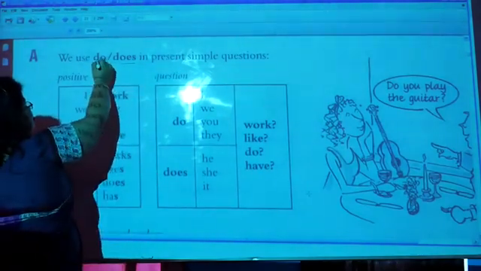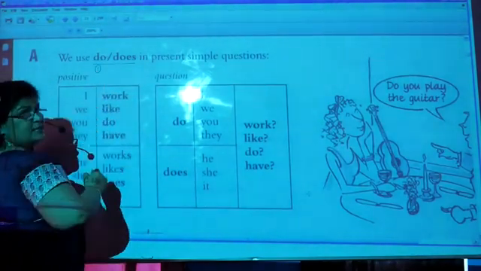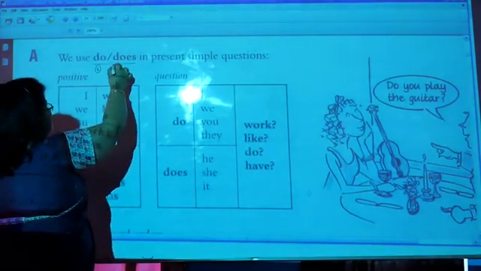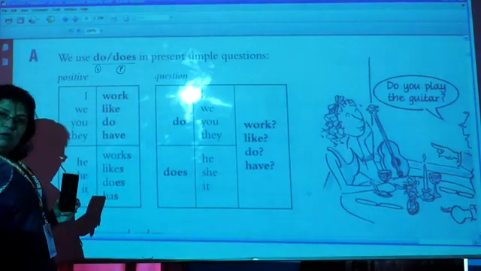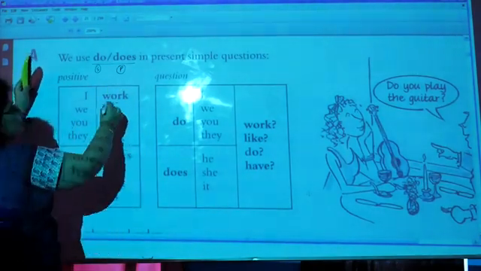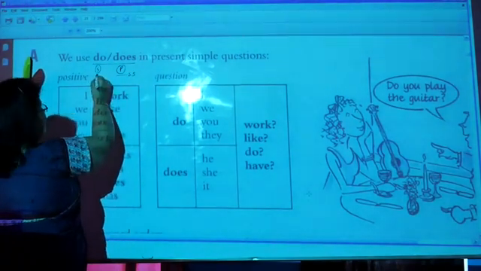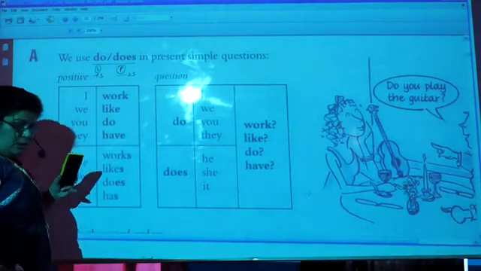So do is a singular verb, and does is a plural verb, right? Obviously plural verb will go with singular subject, and singular verb will go with plural subjects, right?